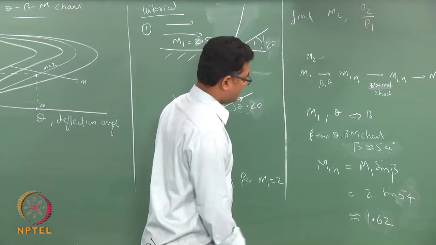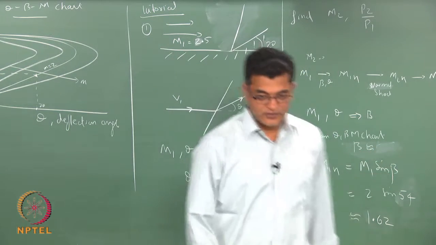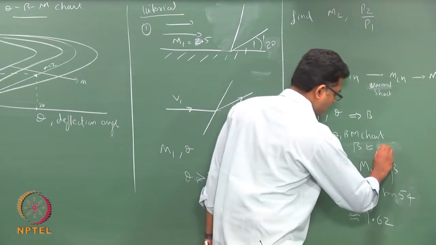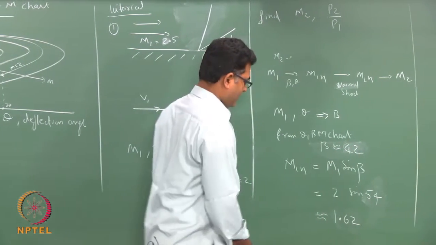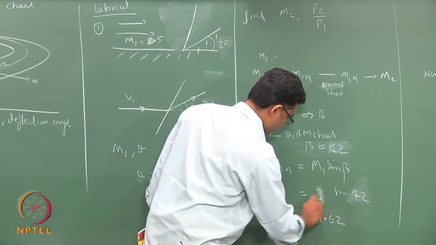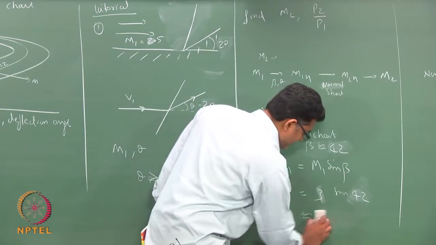So, your angle is going to be now different. So, instead of 54, I go and look at for a deflection angle of 20 degrees, look at the intersection line with 2.5 Mach, that is going to be around 42 degrees, which means my M1n is now modified and I would get a new M1n.